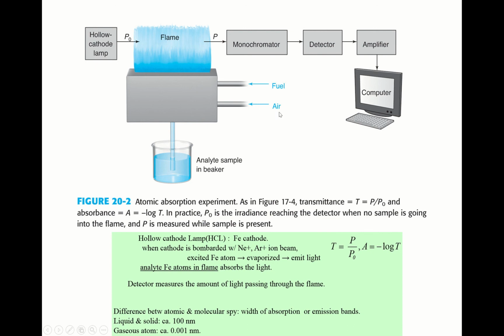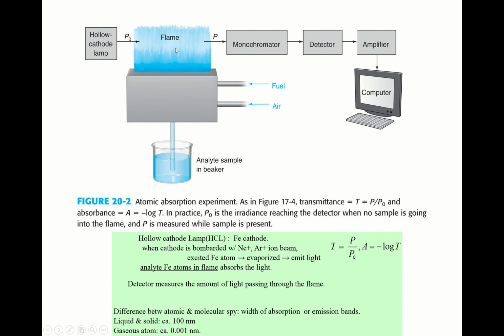Of course you have to provide air and fuel, depending on which fuel you need, maybe air or oxygen. The flame temperature also varies. Anyway, from here to there your samples are distributed in the flame and then atomized.